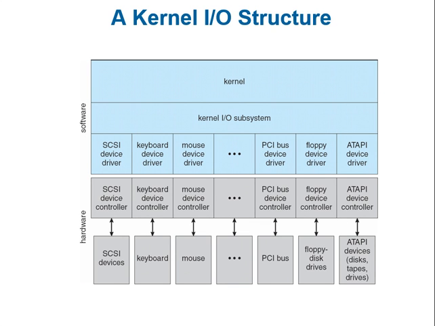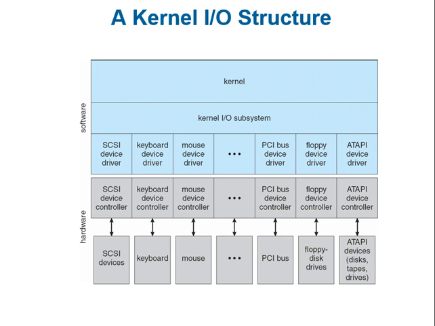This is the difference between the device I/O and their interface. Okay, this figure illustrates how the I/O related portion of the kernel is structured in software layers. You see the kernel itself in the upper level with the kernel I/O subsystem. Below it are the device drivers and hardware. You see, the SCSI device controller connects to the SCSI device.